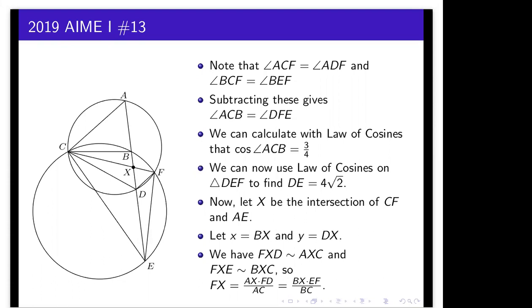And you also have FXE is similar to BXC, right? But we see that in particular, this tells us that we can calculate FX in two different ways using the two different pairs of similar triangles.